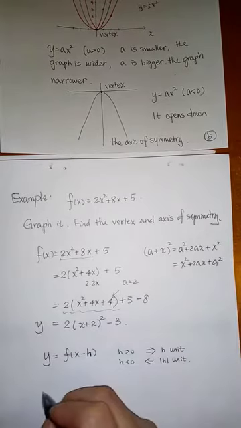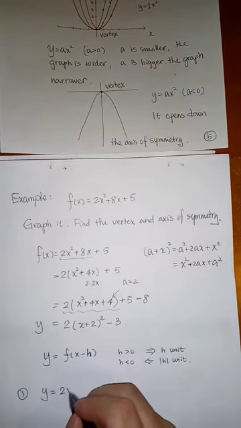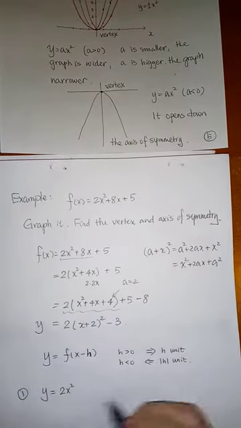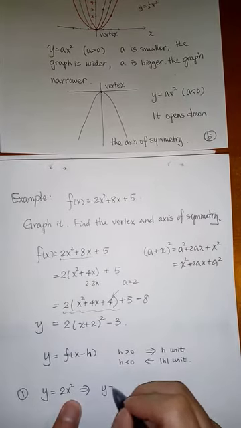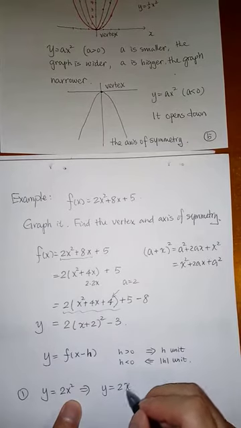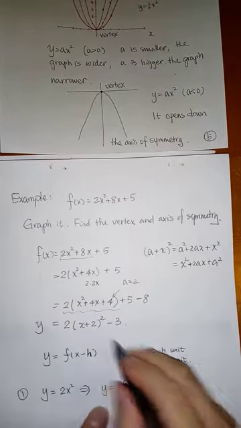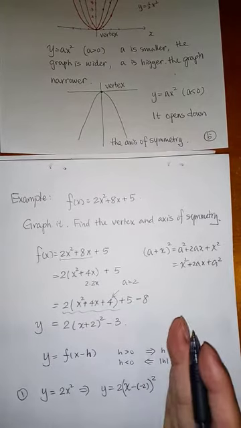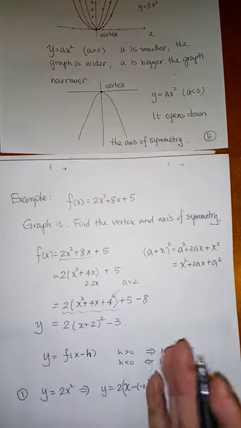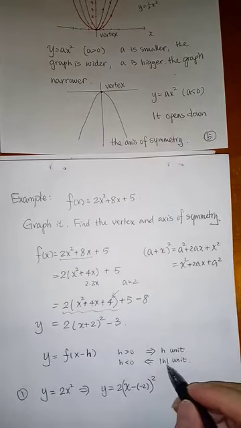Okay, so first, step 1, we get 2x squared. And then we get 2 times x minus negative 2. Remember, we always need minus. So you get a negative h, so it means you are going to shift the graph of 2x squared to the left 2 units.